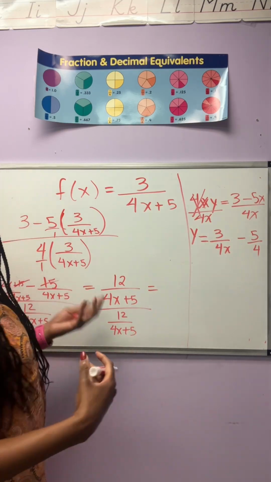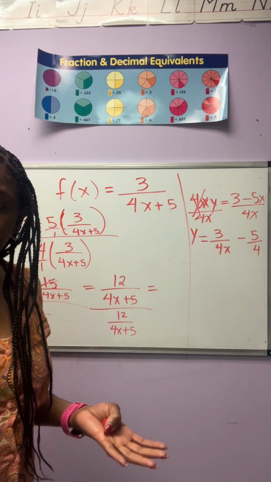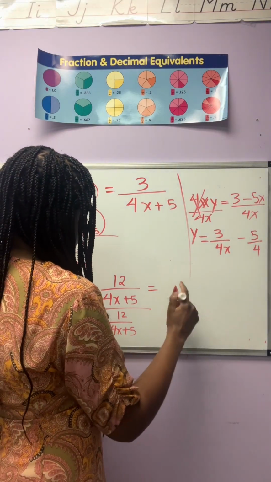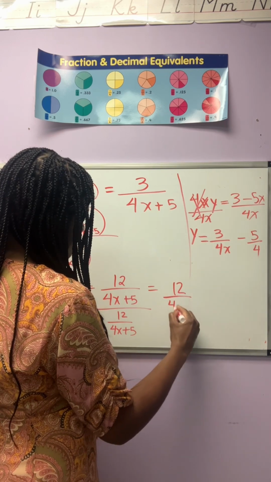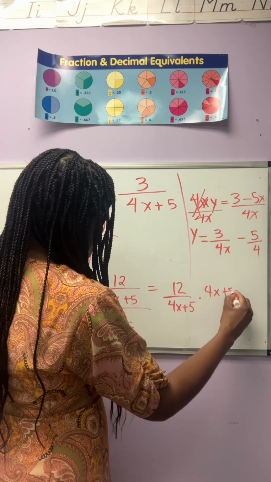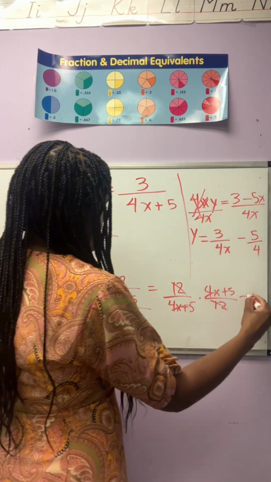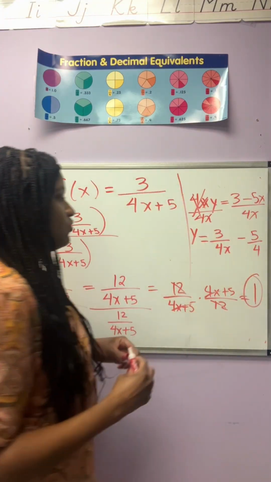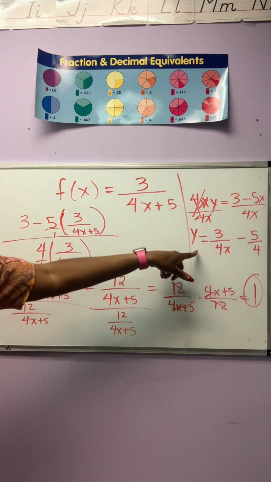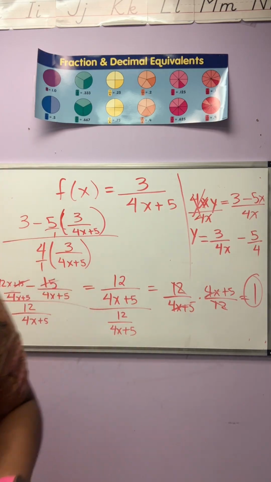If we also tried keep, change, flip, or multiply by the reciprocal, which is what you do when you have a fraction, we can say 12 over 4x plus 5 times 4x plus 5 over 12, and that gives us a 1. So when we plug this function into that one, it gives us a 1.